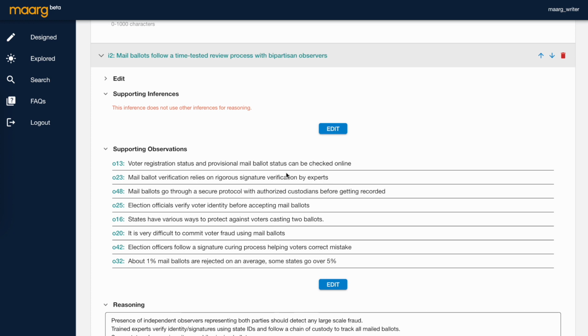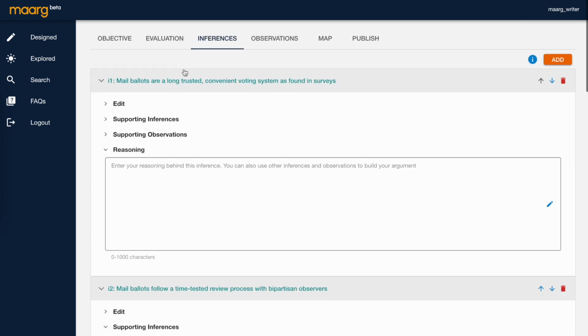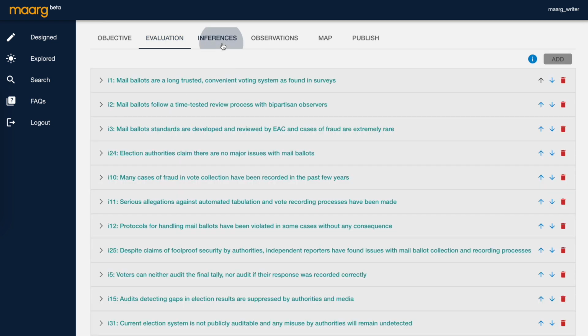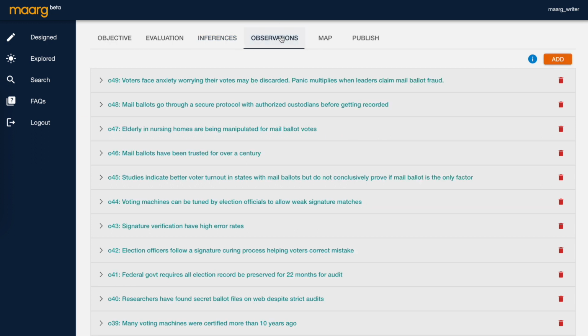So you can see this approach is something that we call top down. We start with what we believe in as evaluation, then we try to provide reasoning for those evaluations in the form of inferences, and then we end up finding data that justifies what we believe in. So this is the reason why we call it top down. But if you are a researcher, you may not start with a preconceived notion.